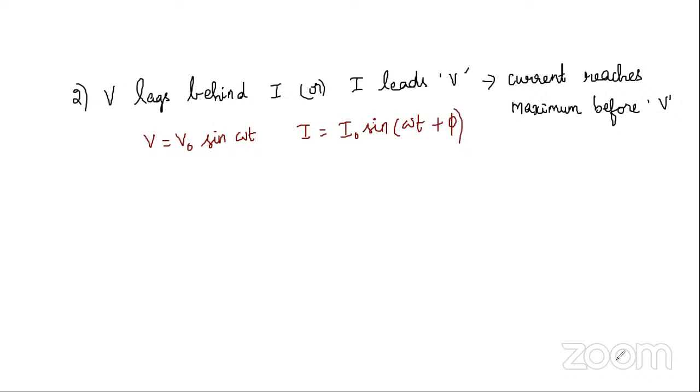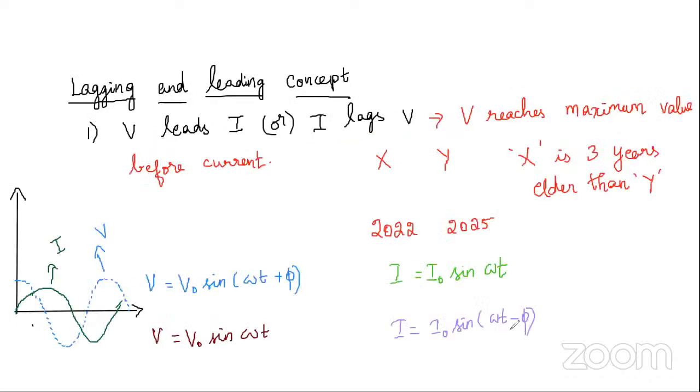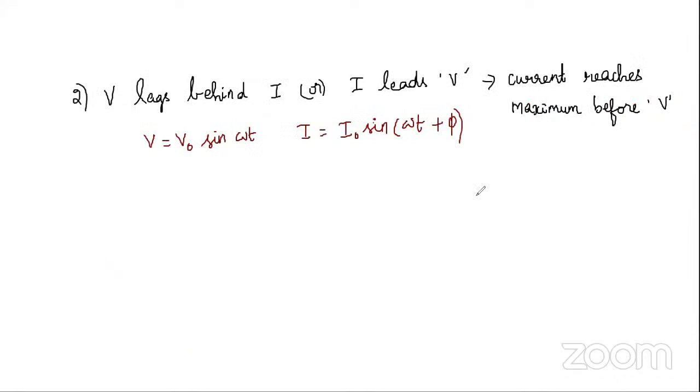So it is exactly the opposite scenario. If V equal to V naught sin omega t and I equal to I naught sin omega t minus phi, here if you have minus, voltage leads current. But here you have I naught sin omega t plus phi. This means current leads voltage.